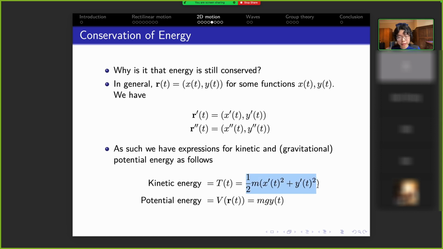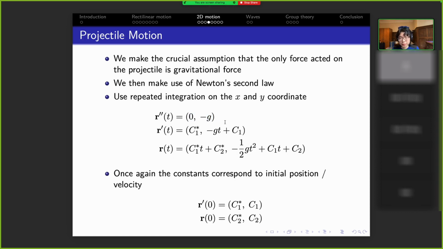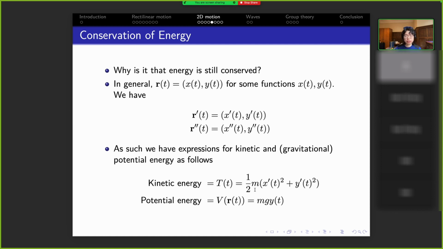So we get this formulation, which is just 1/2 mass times the sum of the squares of the derivative of x and the derivative of y. And the potential energy is still the same, because in the case of projectile motion, where the acceleration vector is just this thing, the gravitational potential energy is still only dependent on the y coordinate. So it's mass times gravity times the y coordinate.